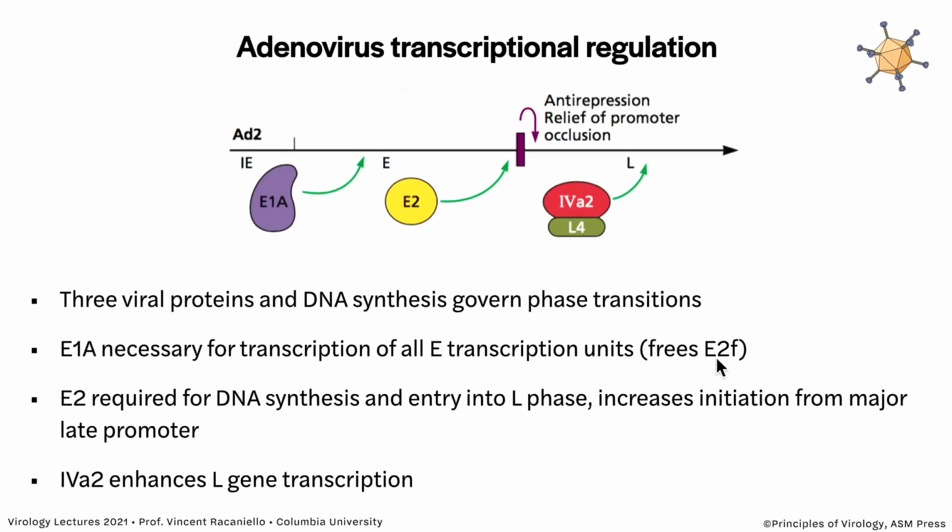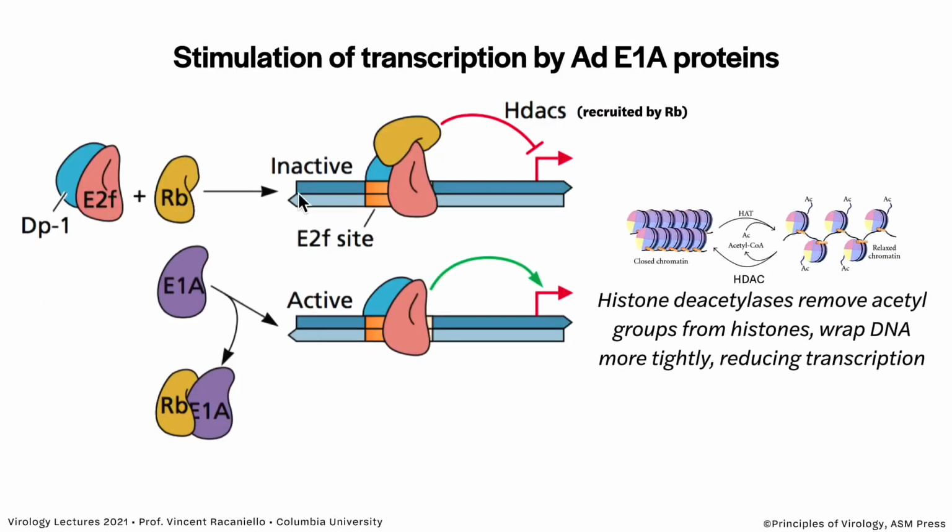E2F is a family of cellular transcription proteins that are required for transcription of the early genes. And in fact, what E1A does is to free those up because normally they're bound up in the cell. So here are the E2F transcription proteins that adenovirus DNA requires to transcribe early genes, right?